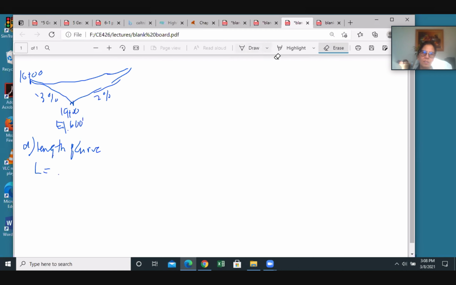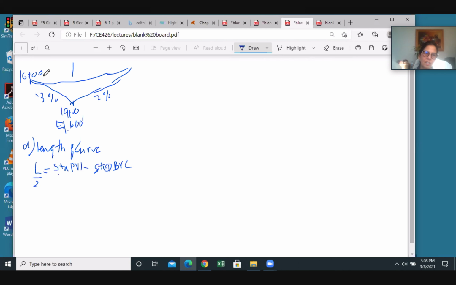In case you are given this information like this, the step to determine the length of curve is to just subtract your stations: the station of PVI minus the station of your BVC. That's 300.